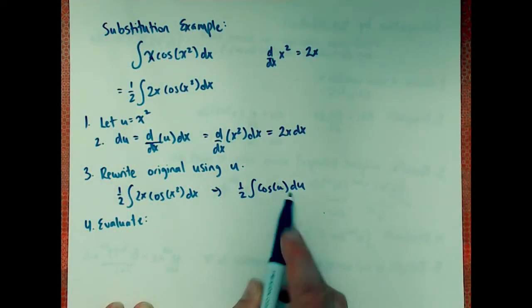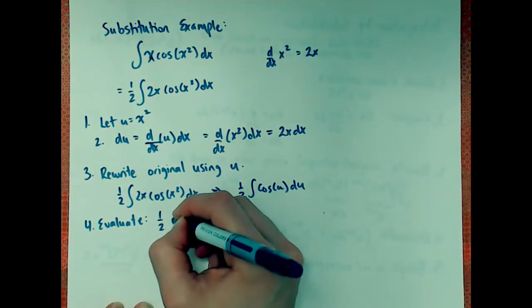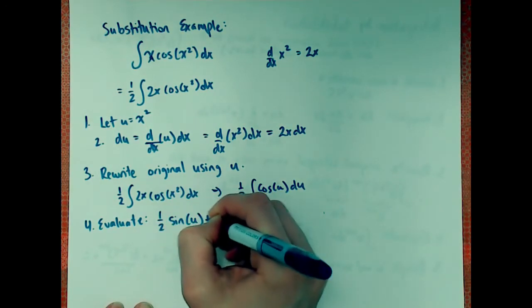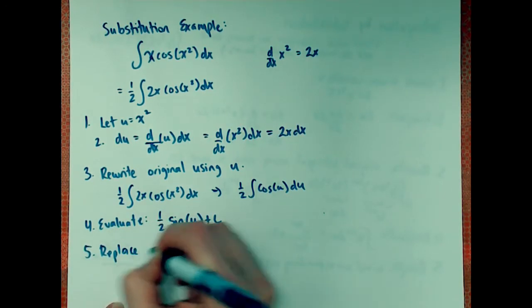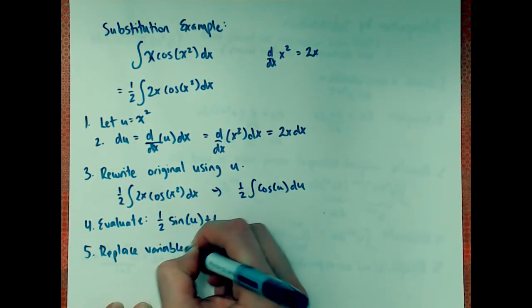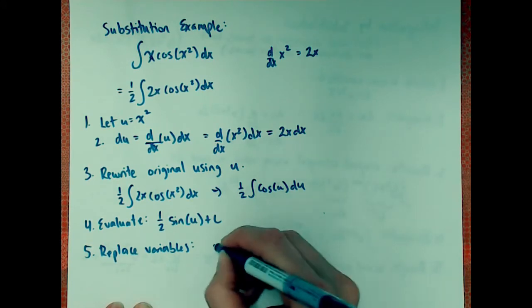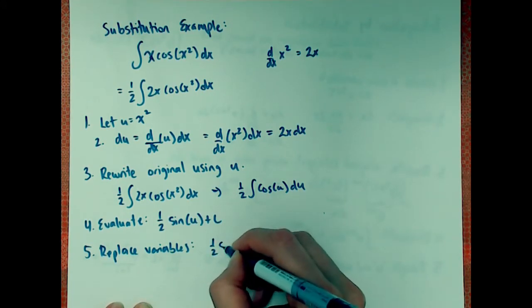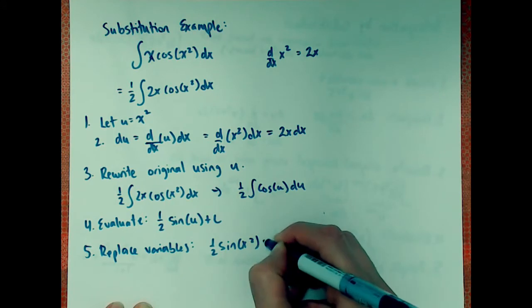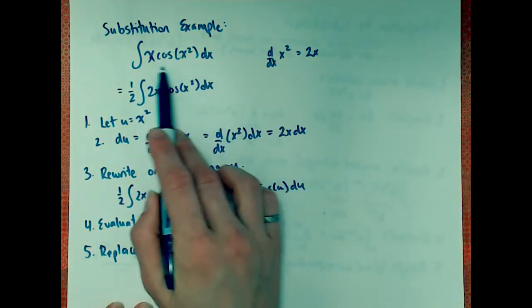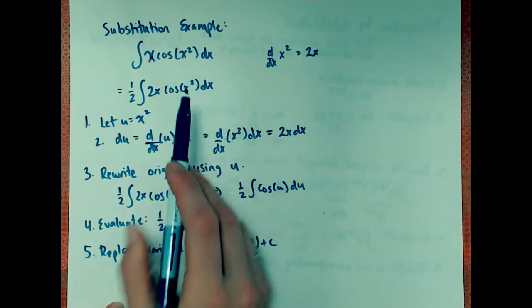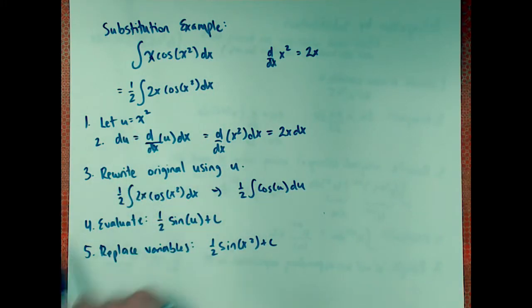If we just evaluate this, we get 1/2 sine of u plus c. Replace the variables. We have 1/2 sine of x squared plus c. In these problems, usually the trickiest part is noticing that substitution will help you and then knowing what to use as your u value.